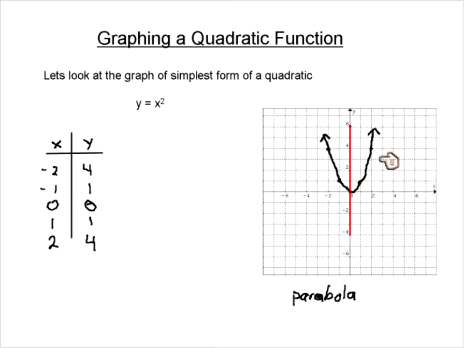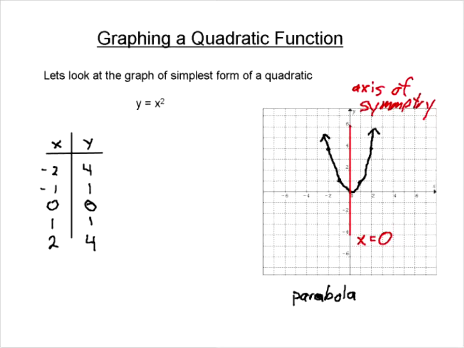That's what we call symmetric, meaning it's the exact same thing on both sides of the line. This line is then called the axis of symmetry, and that's going to be very important in quadratics. In this case, the equation of this axis of symmetry is just x = 0. So right down the middle we have this axis of symmetry.